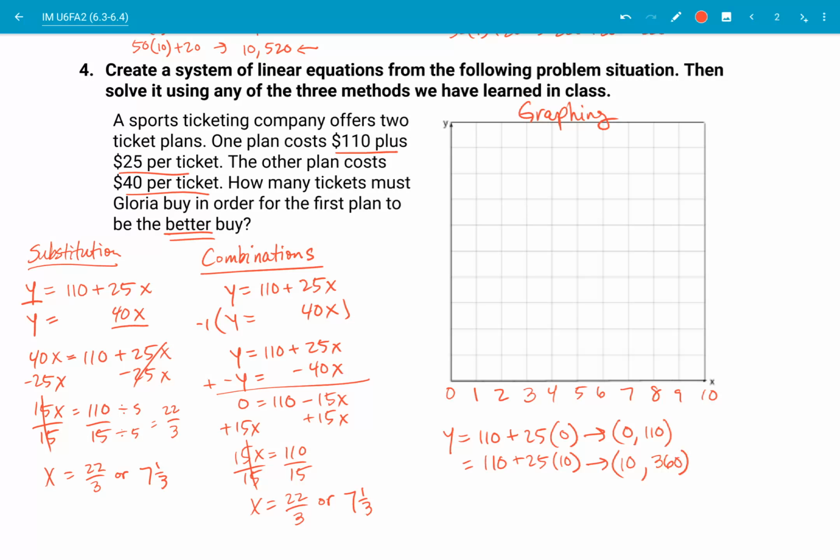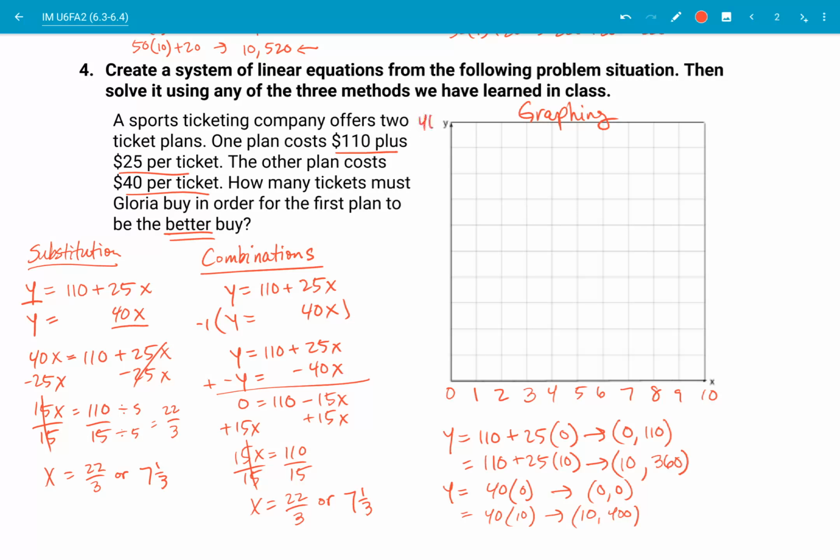Okay, now let's try the second equation. y equals 40x, and if I plug in 0, I get 0. And if I plug in 10, I get 10 times 40 is 400. So this means my graph needs to go up to 400.